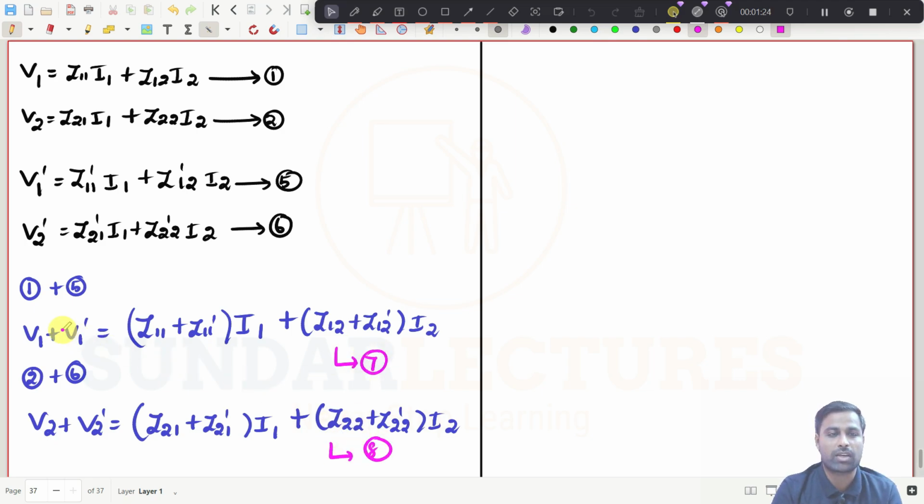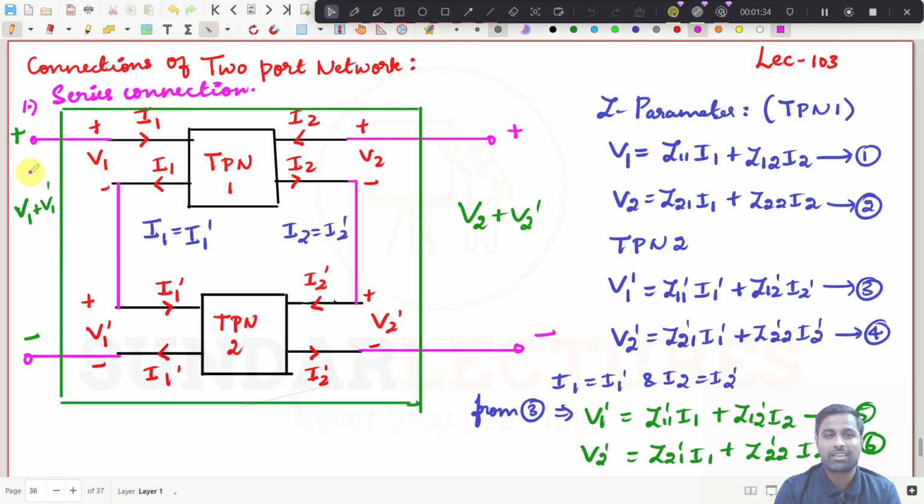Try to understand one thing. Now you see this is the input, right? This is the input, V1 plus V1 dash, and V2 plus V2 dash is the output. For the Z parameter, you write the equation for input voltage V1 and output voltage V2 in terms of currents I1 and I2.